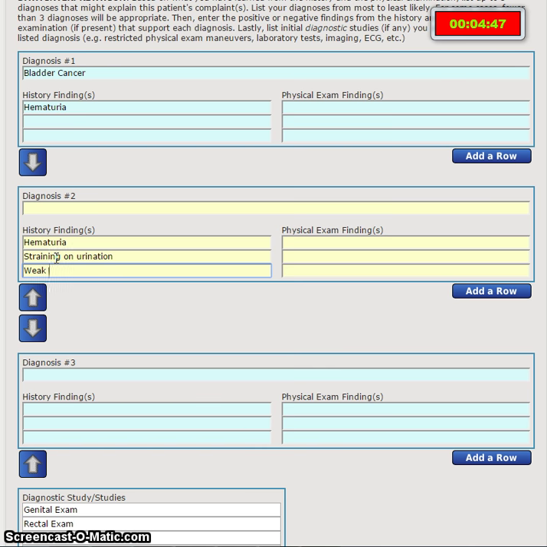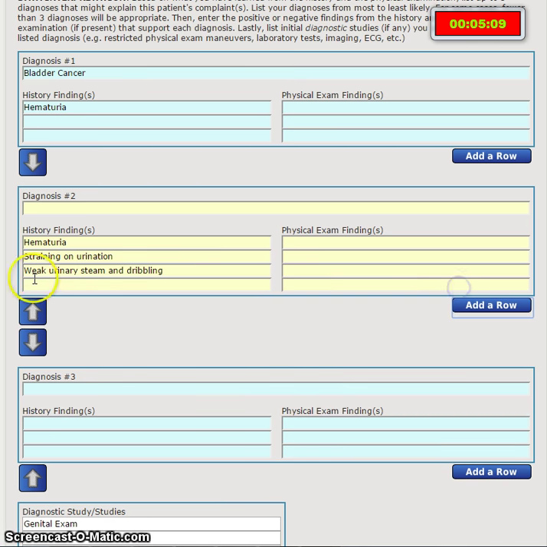If there's a blockage in the urethra, then it gives us a weak urinary stream and then dribbling.